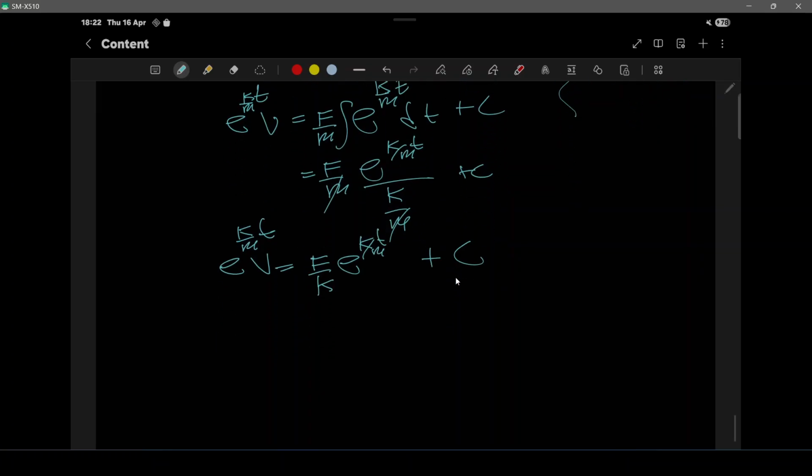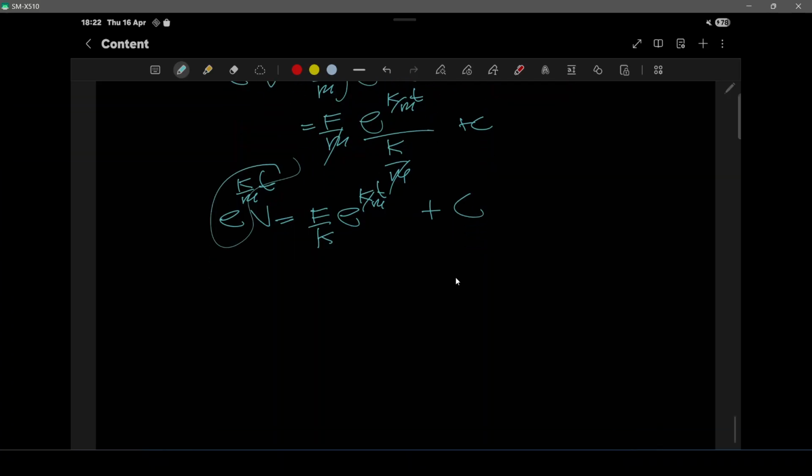You can further simplify this if you divide the whole equation by this term. v is equal to f over k plus c times e to the power minus k over m t. So this is the general solution.